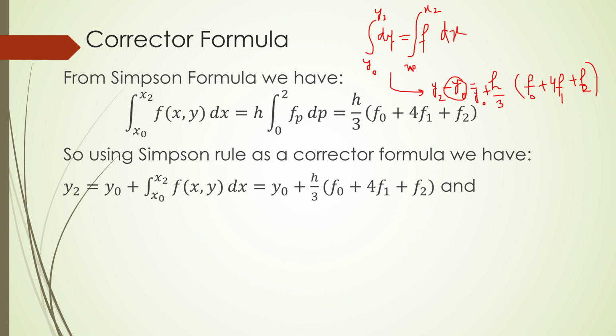The same thing can be extended from y2 to y4. This will become x2 to x4, and then we simplify this, it will give you y4 equal to y2 plus h by 3 times (f2 plus 4 times f3 plus f4).